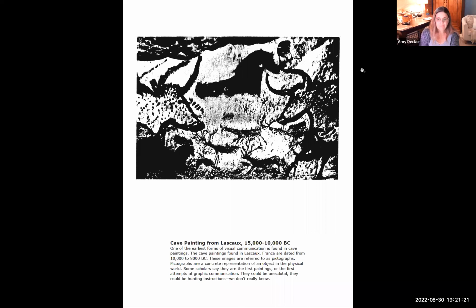What did they draw? They were drawing what are referred to as pictographs. Scholars say they were the first paintings, or the first attempts at graphic communication. They could be anecdotal, they could be hunting instructions. Of course, we will never know, but they were drawing what they were living with, what they were doing.